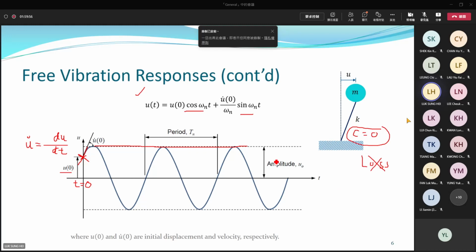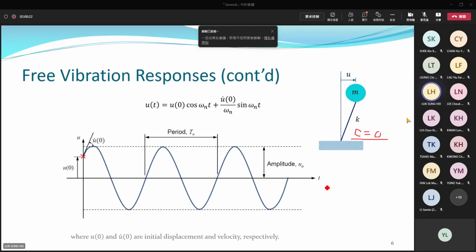That's why the vibration amplitude remains unchanged. Not very realistic, because every system should have some energy loss. But in theory, we can discuss in this manner. So it's something you can observe from this picture. Firstly, the first point tells you the initial conditions, and then the vibration amplitude remains unchanged if you play with undamped conditions.